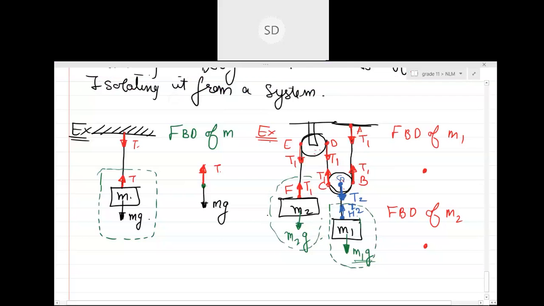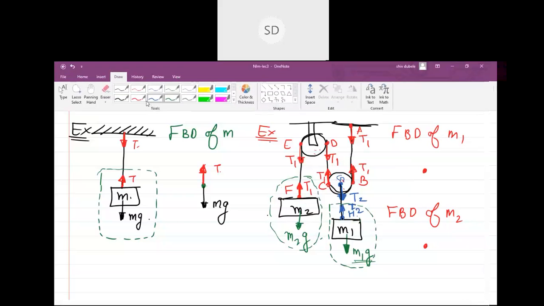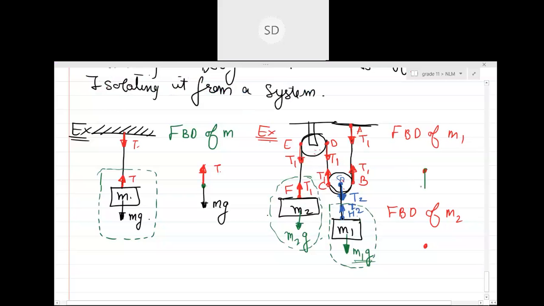Can you see over here? I don't care about what else is there in the system. Since I was drawing the free body diagram of M1 and M2, I just isolated M1 and M2. So all my attention should be on M1 and M2. Now, what forces are acting on M1 and what forces are acting on M2? There is one force acting on M1 in the downward direction. So M1g is acting in the downward direction, and M2g also is acting in the downward direction.